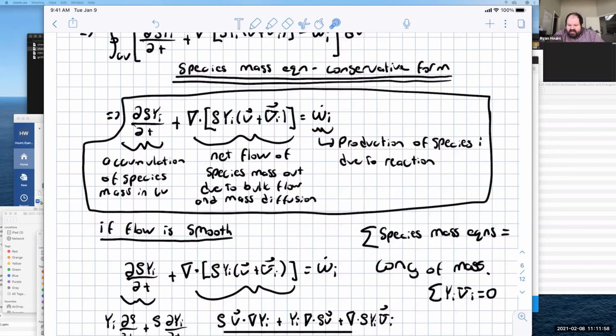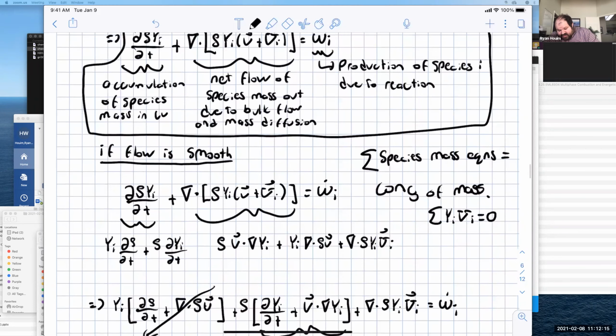recover conservation of mass. The other way to do it is you solve conservation of mass and the species mass equations here for all but one species. And then the mass fraction of the last species, I'll call that n, is computed using yn equal to 1 minus the sum from i equals 1 to n minus 1 of yi.